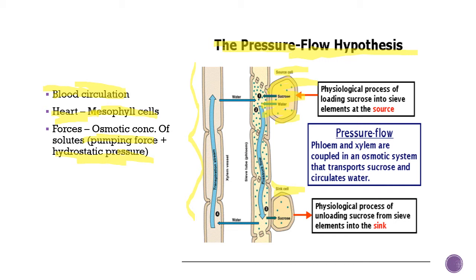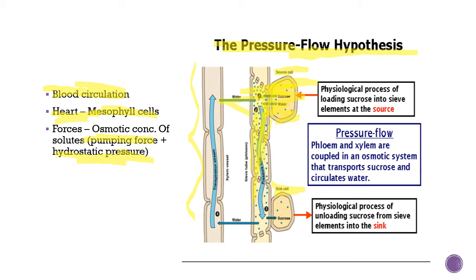Hence these will absorb water from the adjacent xylem vessels. This in turn creates a hydrostatic pressure. These pressures force the solutes through the sieve tubes. This way the pressure acts upon the solutes and forces them through the sieve tubes.